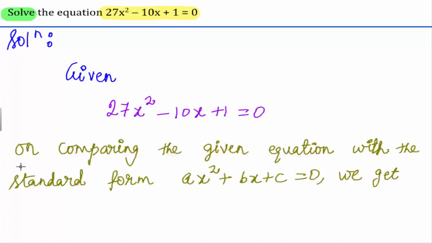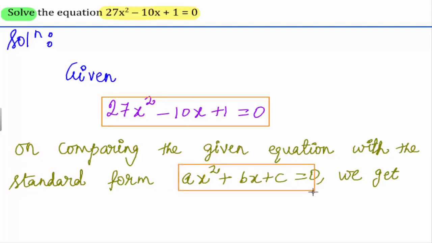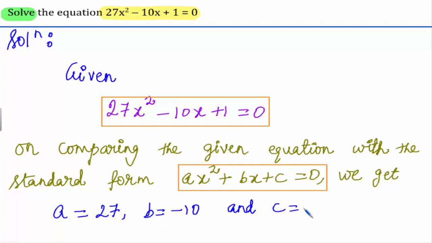Now, on comparing the given equation with the standard form ax square plus bx plus c is equal to 0, we get a is equal to 27, b is equal to minus 10 and c is equal to 1.